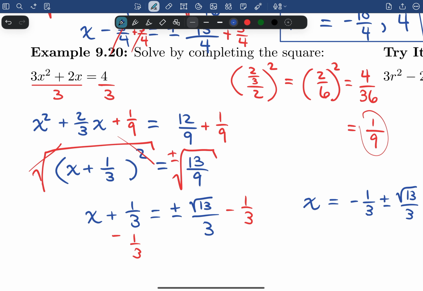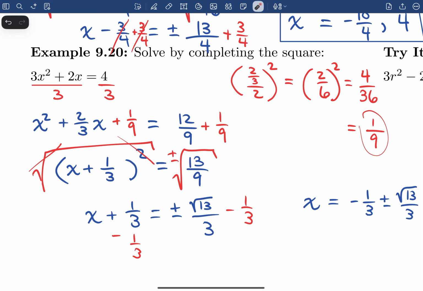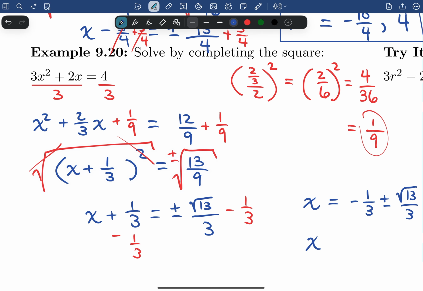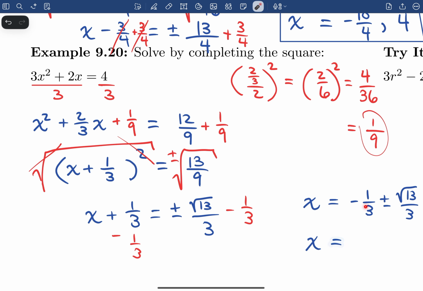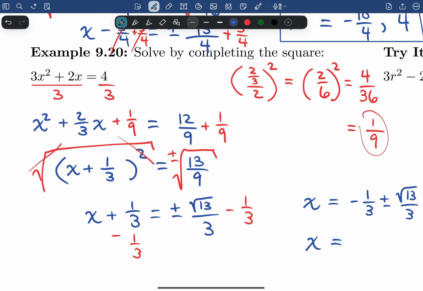Remember, whenever you have a plus or minus symbol stacked on top of each other, that's actually two things written in one. So this plus or minus sign, one thing that I would do in this case, since I see the same denominator of 3, is combine the two fractions into a single fraction. So that denominator of 3 is there, and on top I'll put negative 1 plus or minus the square root of 13. This is a great way to report my answer.